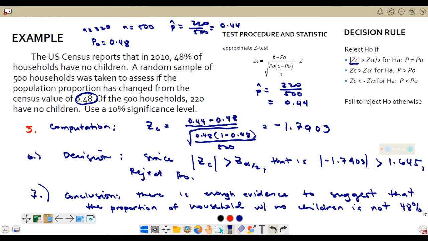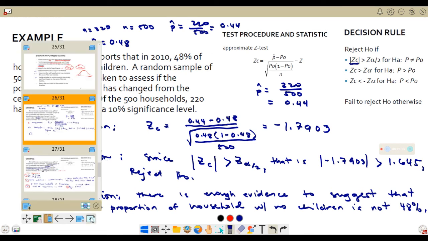Okay, we're not sure if it is greater than 48 or less than 48. Ang mahalaga, hindi siya equal sa 48%. Okay? Okay. I hope I made this part very clear.